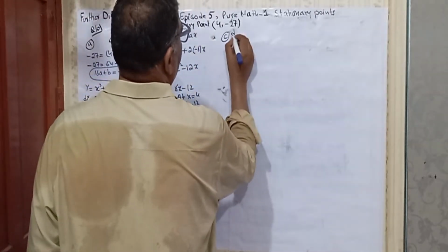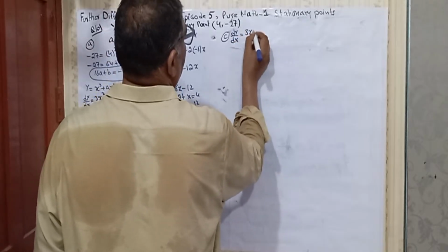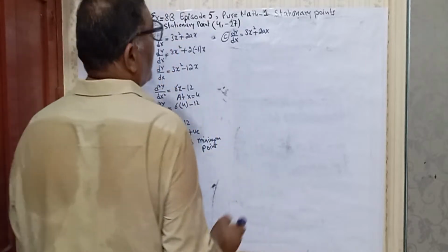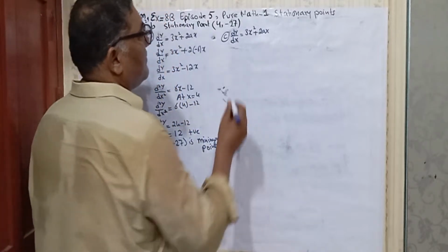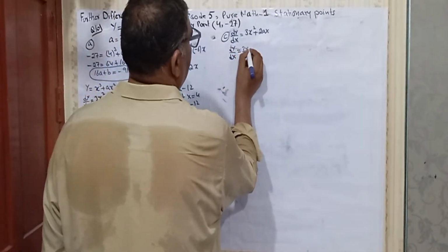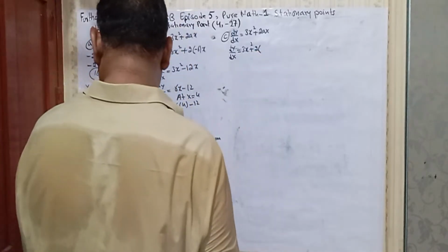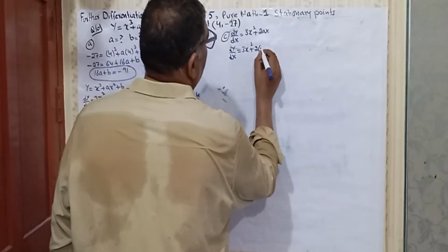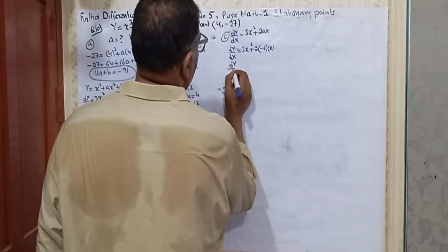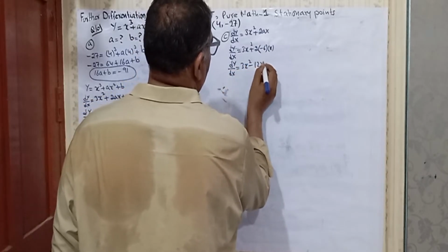So dy by dx is equal to 3x squared plus 2ax. I will put the value of a here. It will be 3x squared plus 2 into a, and the value of a is minus 6, so minus 6 into x. So my dy by dx will be equal to 3x squared minus 12x.